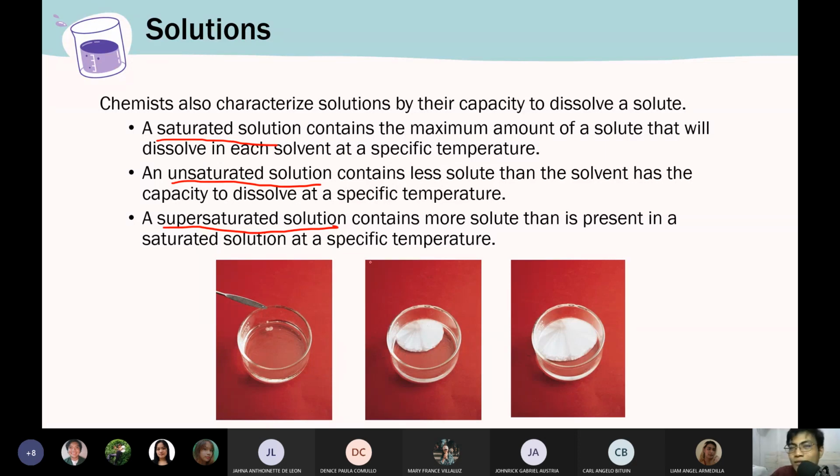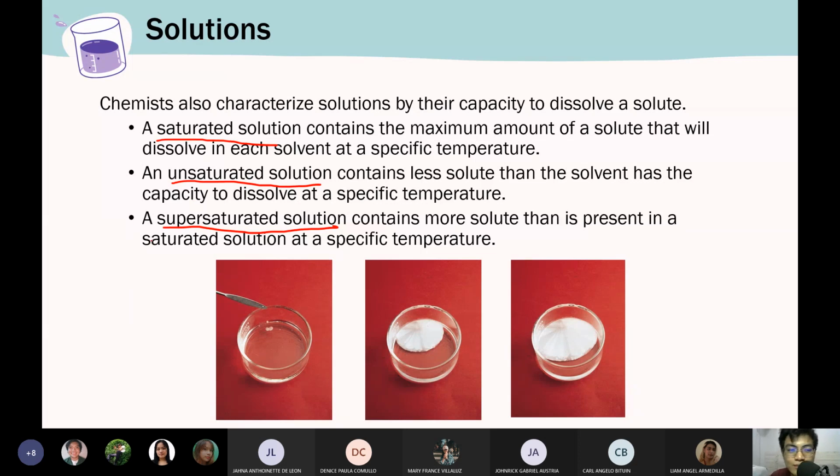Na-try nyo ba yun? Wherein hindi na natutunaw yung salt, di ba? Kasi when I prepare yung salt water pang gargle, ayan, dami ko nilalagay na asin. But regardless on how much I stir the solution, the salt doesn't dissolve anymore. May tawag tayo doon. Okay?